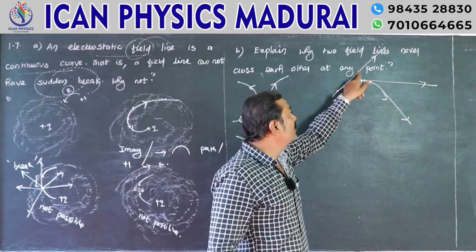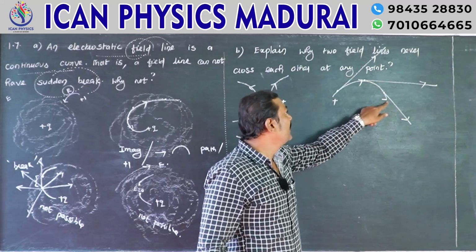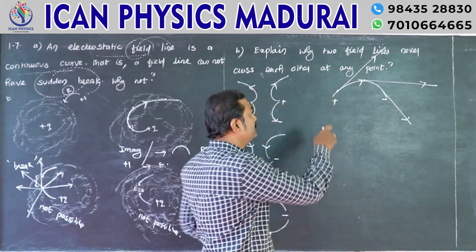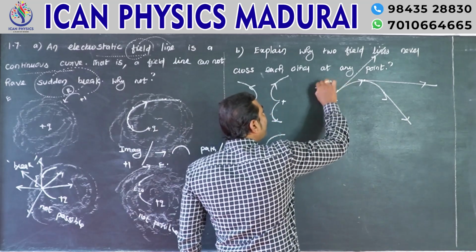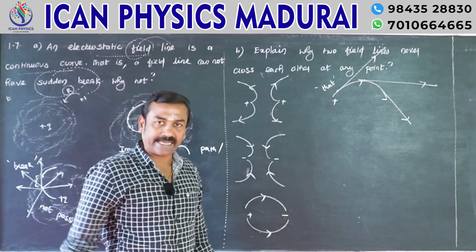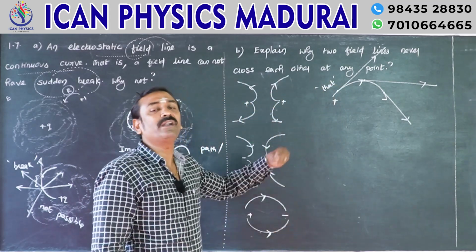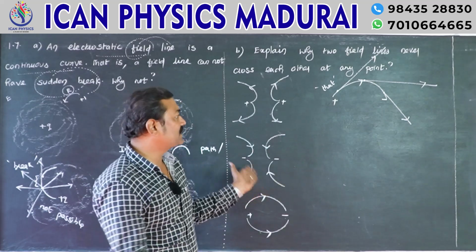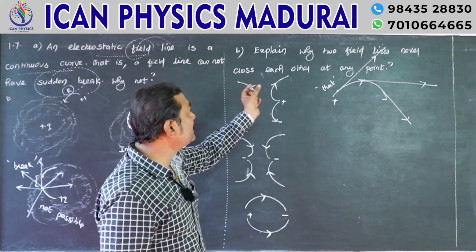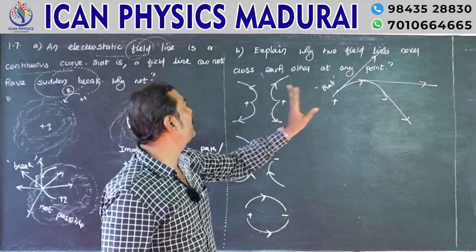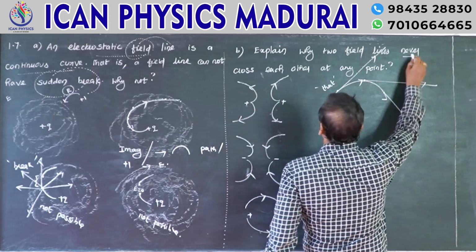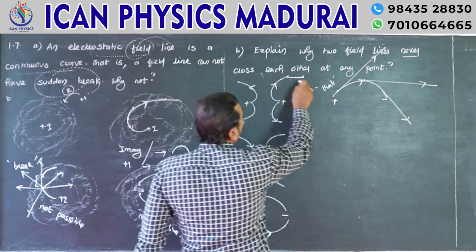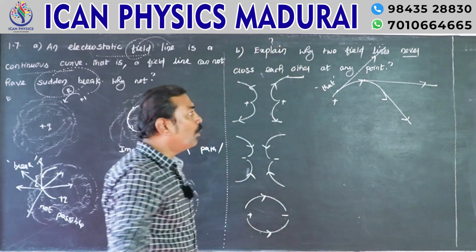The tangent to the electric field lines gives the direction of electric field at that point. At whatever point I draw the tangent, only at that point it gives the direction of electric field. But by combining these two, what are they asking? Explain why two field lines never intersect.